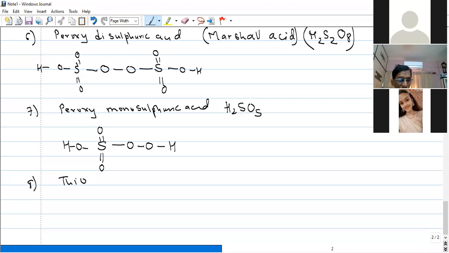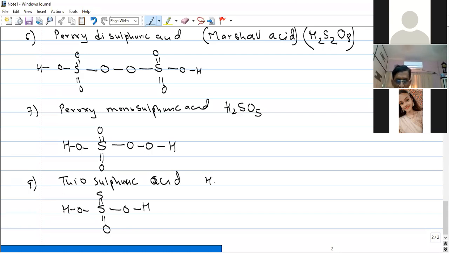Thiosulfuric acid. Thio का मतलब there will be an S–S bond. ये देखो S, double bond S, double bond O, OH, OH.